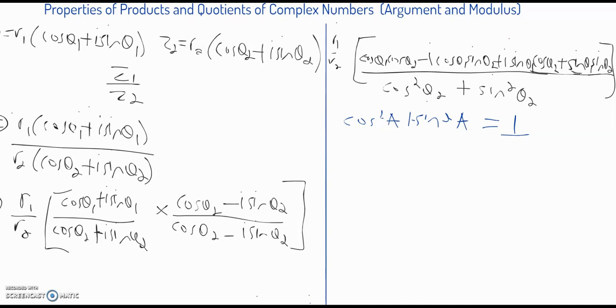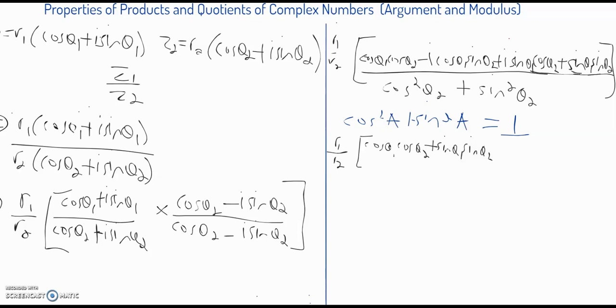My denominator is 1, so that denominator is actually gone. So we have r1 over r2, open bracket, cos theta 1 cos theta 2 plus sine theta 1 sine theta 2. And that is my real part.